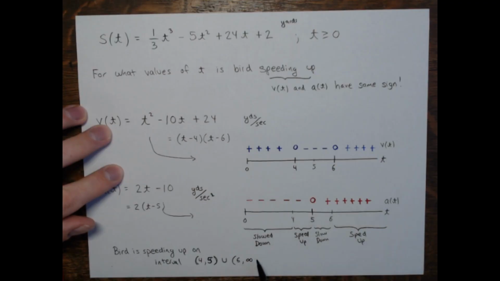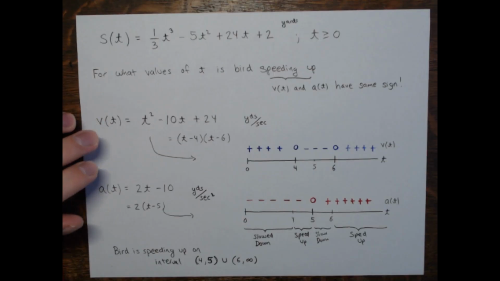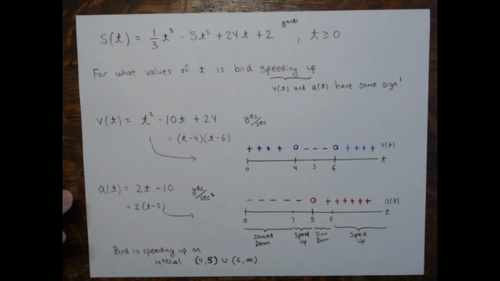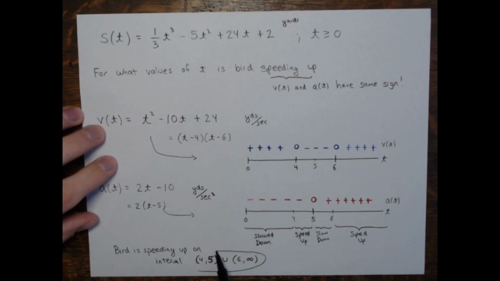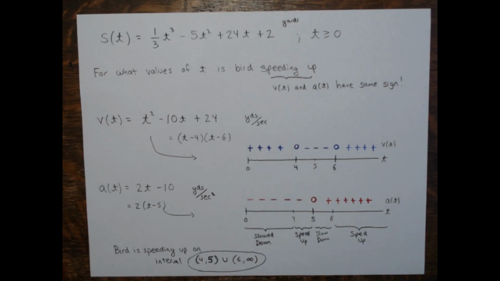It's from 6 to infinity for the rest of the flight. Say this bird flies forever. It's kind of silly, but it's kind of what's being indicated here. Speeding up, going with the wind, moving to the right, and the pull is also to the right. So here's what I'm going to answer in interval notation.